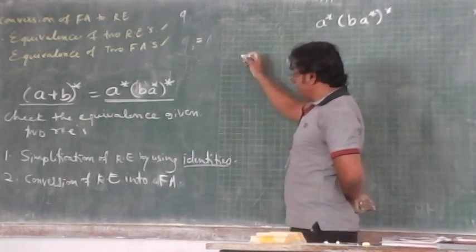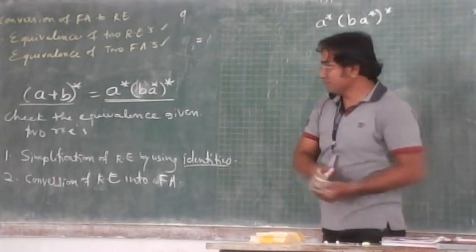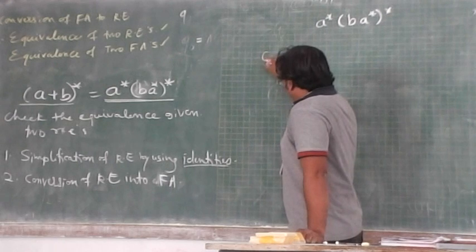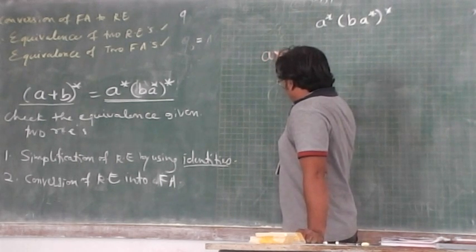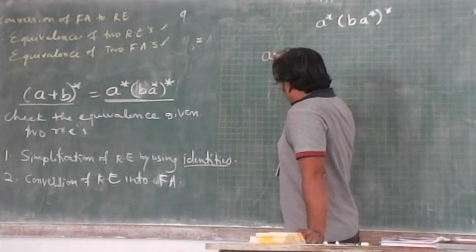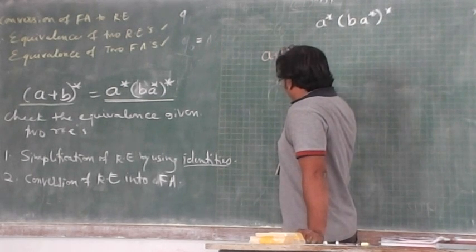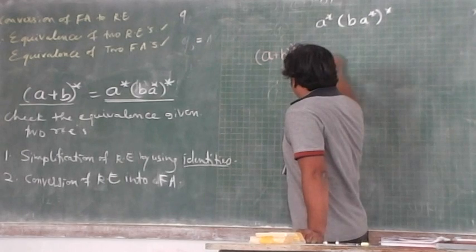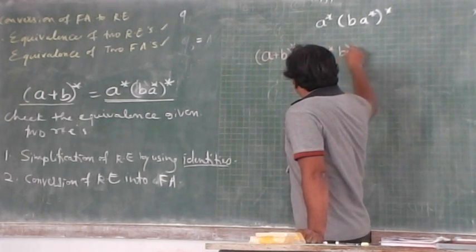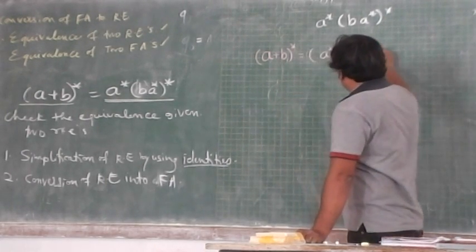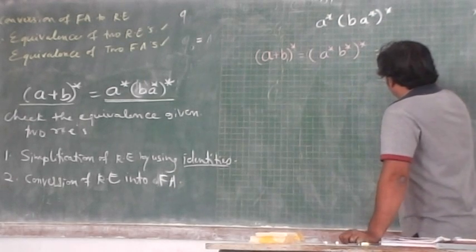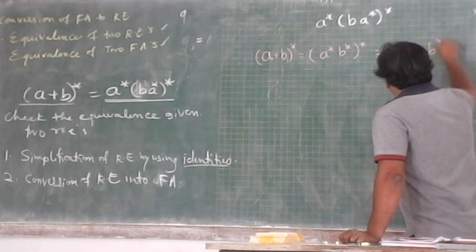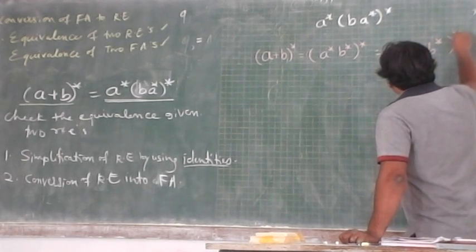I have one of the identities like this: if (A plus B) star is there, that is equivalent to (A star B star) star, or that is again equal to (A star plus B star) star.